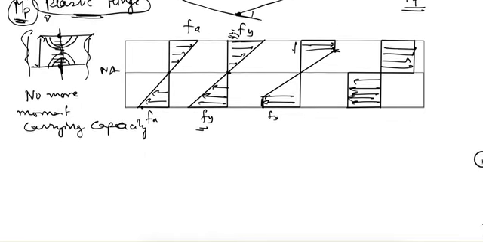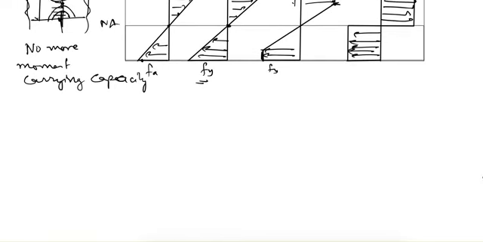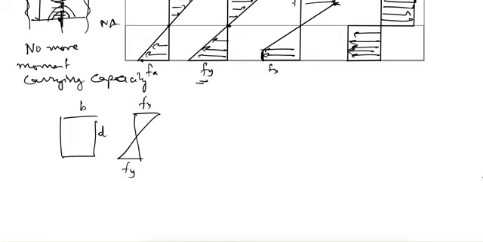So first let's see what happens in the plastic design. If this is our beam, with depth D and width B, and this is our stress diagram, the extreme fibers have yielded in this case, let's say.